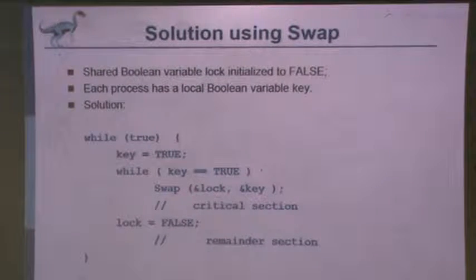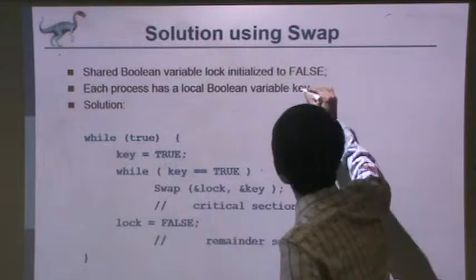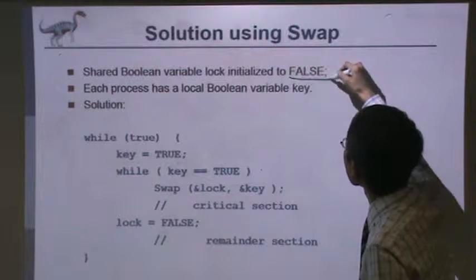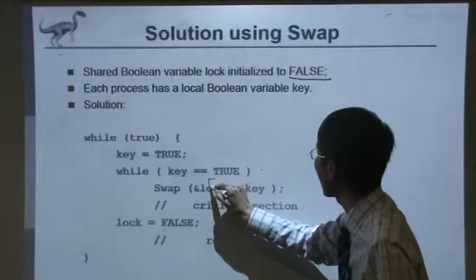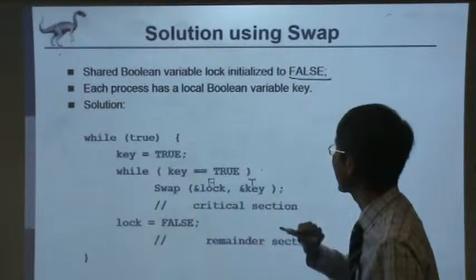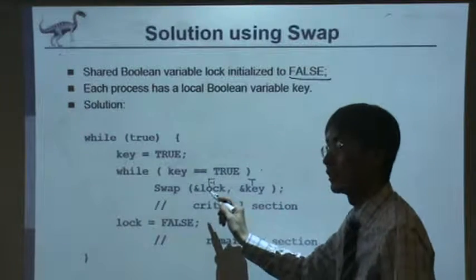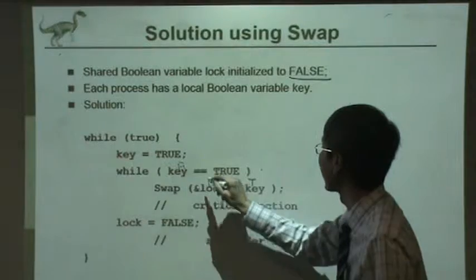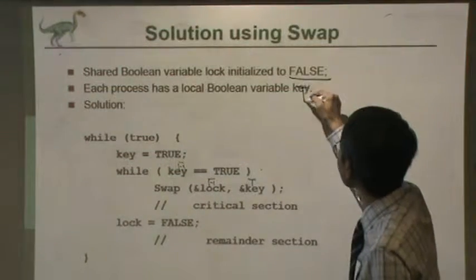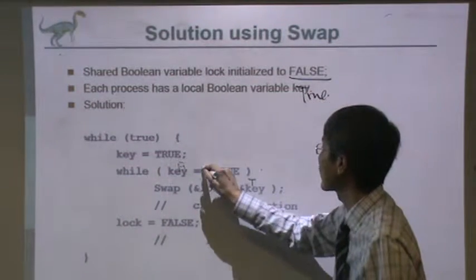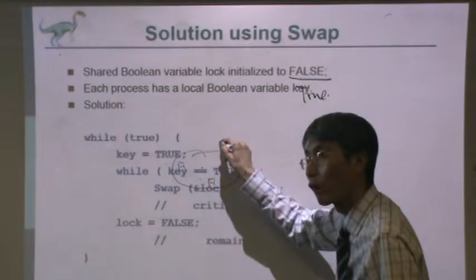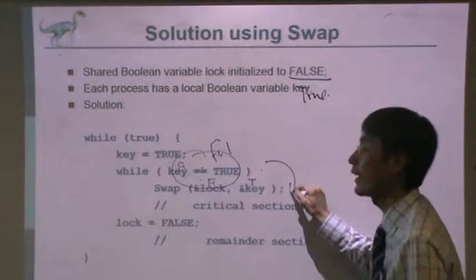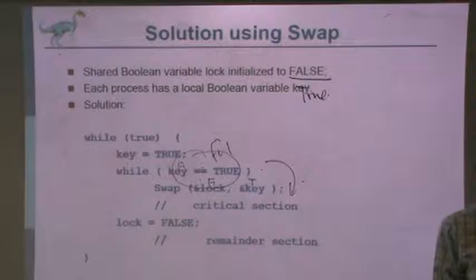Then, if lock is currently false, I can enter the critical section and swap. Swap means key becomes false and lock becomes true. Then this is false, and you can enter the critical section.